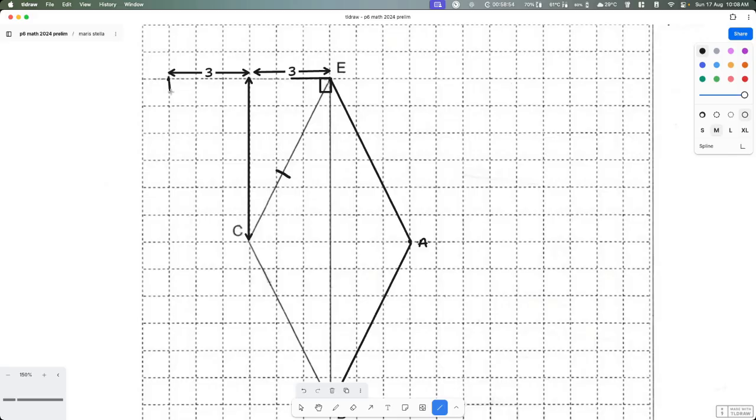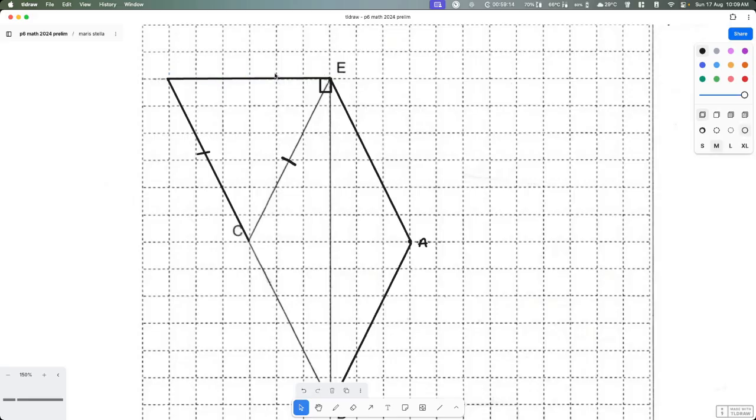Then you can draw the straight line to this point, and draw another straight line like this as well. And that's it. There you go. So this side is the same as this as well. Okay, you can remove this, and that is it. And that's how you create an isosceles triangle.